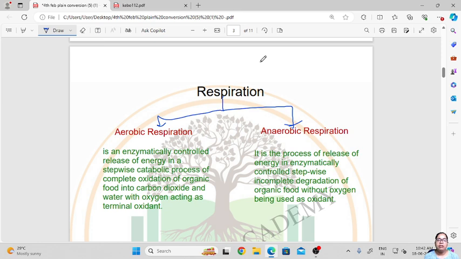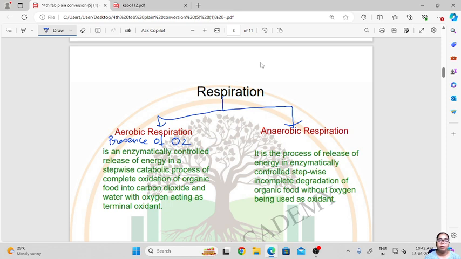Aerobic means in the presence of air, that is in the presence of oxygen. So the respiration that takes place in the presence of oxygen is called aerobic respiration.